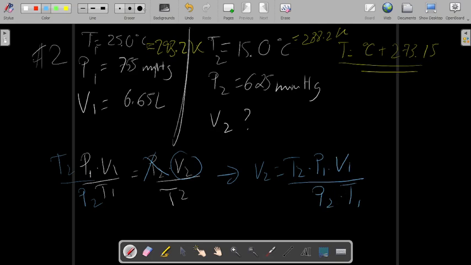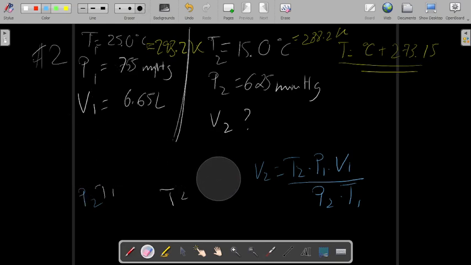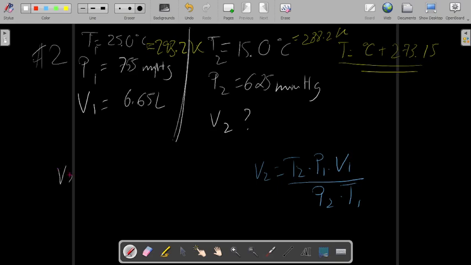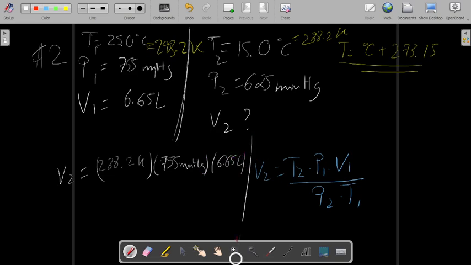So let me erase this section so I have some room to do that. Volume 2 equals, what's temperature 2? Well, it's 288.2 Kelvin. What's pressure number 1? 755 millimeters of mercury. And what is volume 1? 6.65 liters.